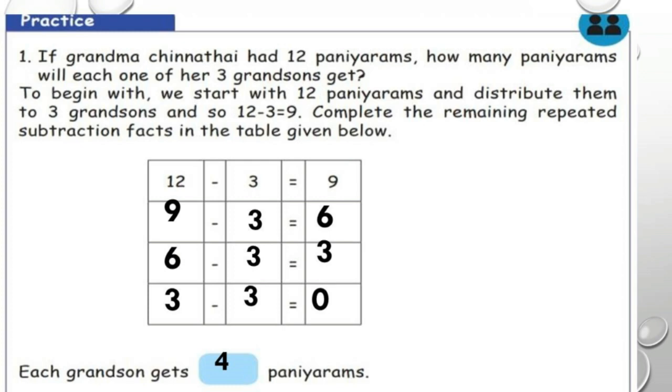Among the 6, she again distributes to the grandsons. So 6 minus 3 is equal to 3. Now she has 3 paniyarams. She distributes those paniyarams to the grandsons. So 3 minus 3 is equal to 0. Each grandson gets 4 paniyarams. How many paniyarams does each grandson get? Yes, 4 paniyarams. 4 times of 3 is repeated.